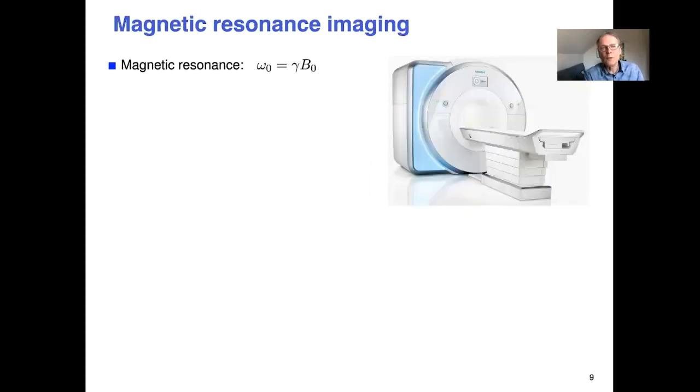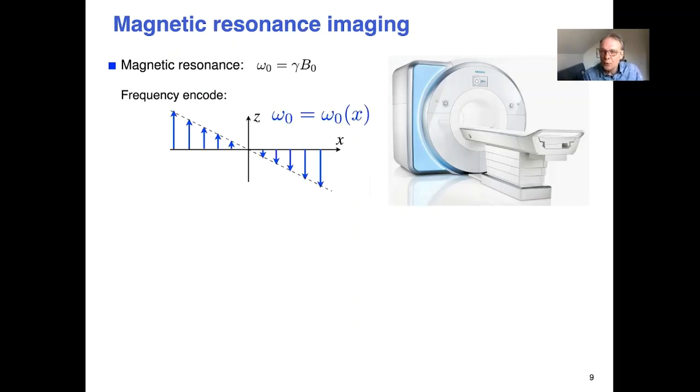Why is that relevant to imaging? In fact, if you look at magnetic resonance imaging, here is really a physical device that was constructed by engineers and physicists in such a way that it is really measuring the Fourier transform of your specimen. Here I just describe the principle in 1D, and that's the principle of frequency encoding.